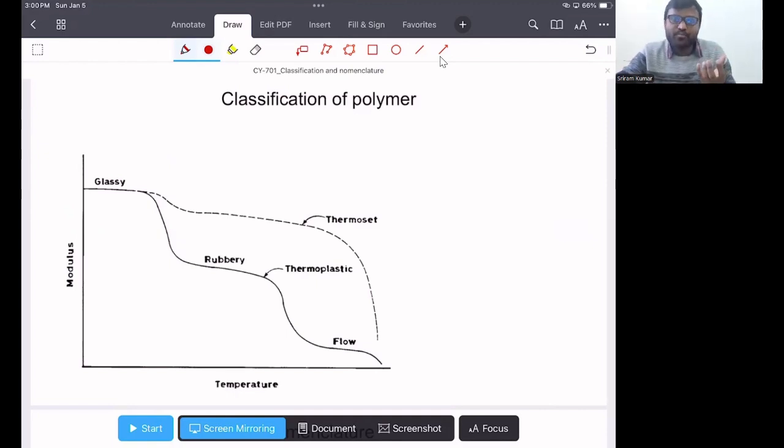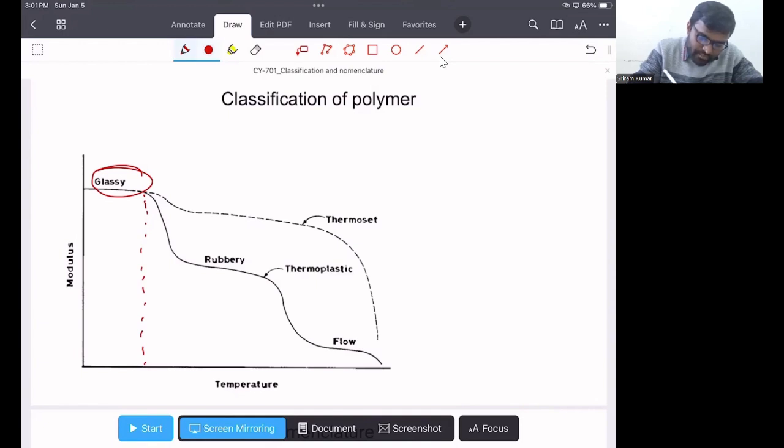If we measure the Young's modulus of the materials at different temperatures, we will have different observations. Initially, at a very low temperature, both thermosets and thermoplastics are in a glassy state. The Young's modulus, which is the ratio of stress to strain, is very, very high for thermoplastic and thermoset materials alike.